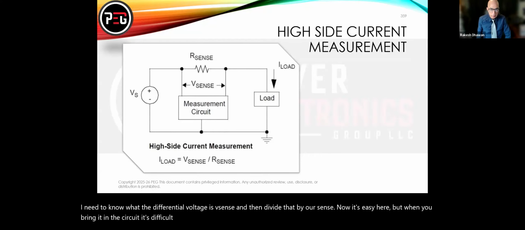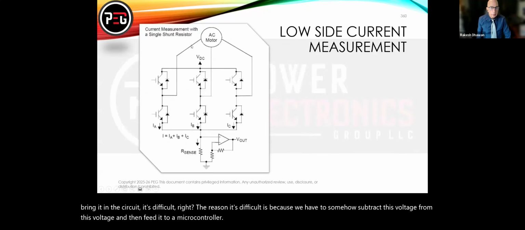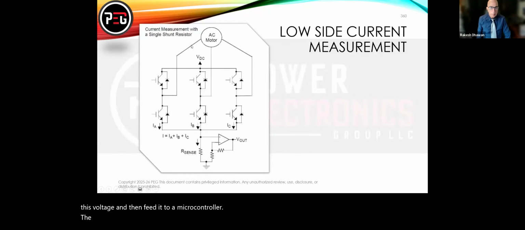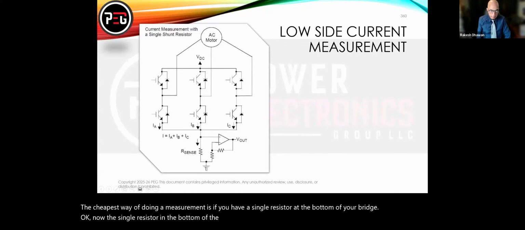The reason it's difficult is because we have to somehow subtract this voltage from this voltage and then feed it to a microcontroller. So the cheapest way of doing a measurement is a single resistor at the bottom of your bridge, okay? Now, the single resistor at the bottom of the bridge is noisy.